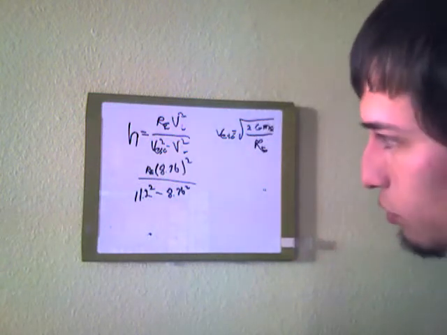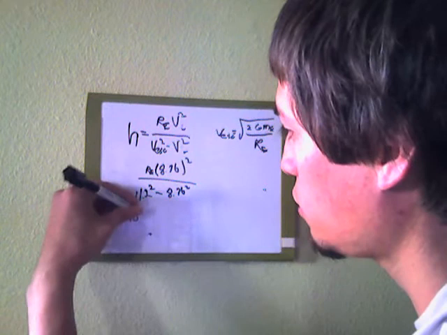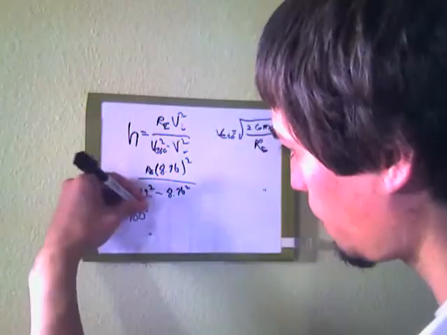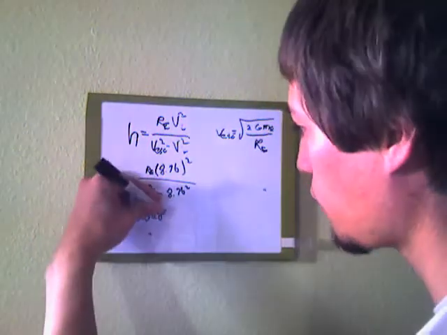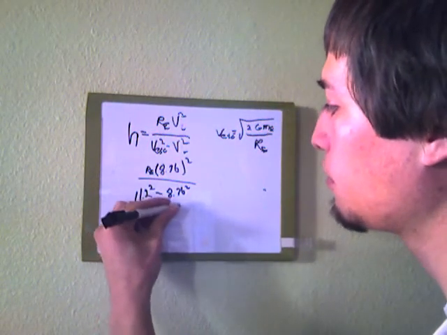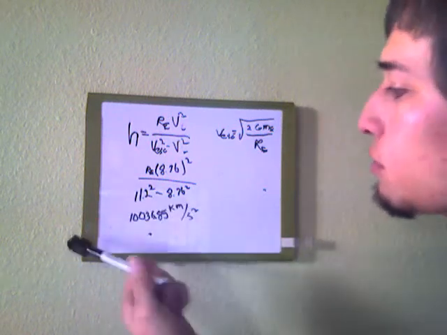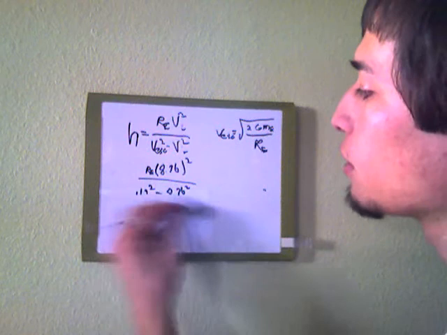And that gives you a value of, hold on, it's 10,036.85. So basically all you were doing was plugging in the numbers to get this value. Basically just using the equation to solve for a problem they wanted.